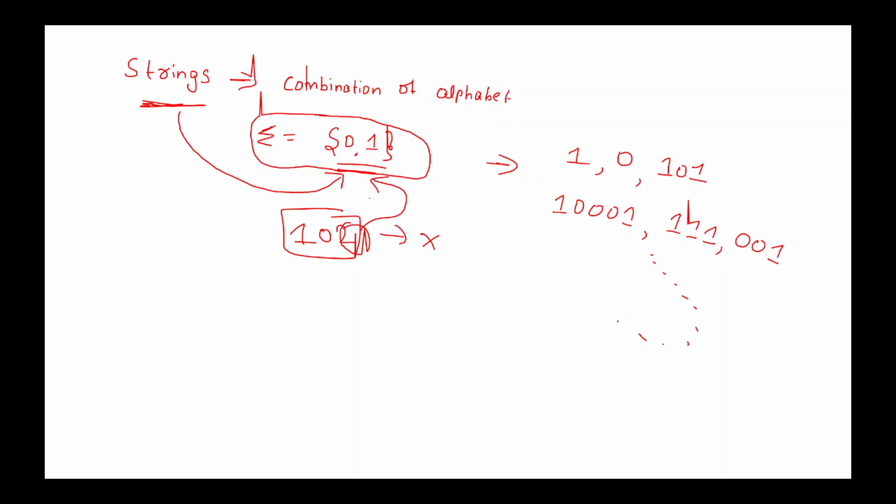It's not part of the alphabet. So strings are a sequence of symbols taken from the alphabet. You should form the strings only from the alphabet, and not add other symbols. So the combination of alphabets, or sequence of symbols present in the alphabet, is called a string. I hope you got what strings are.